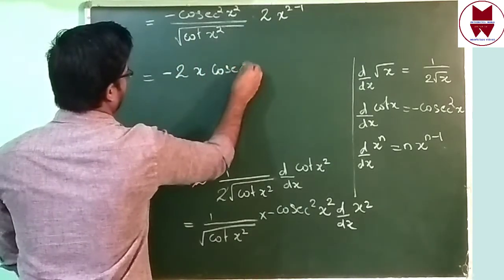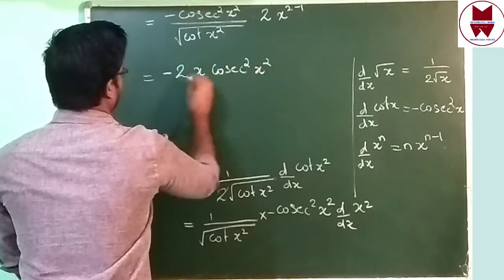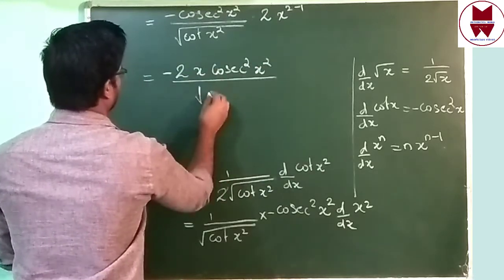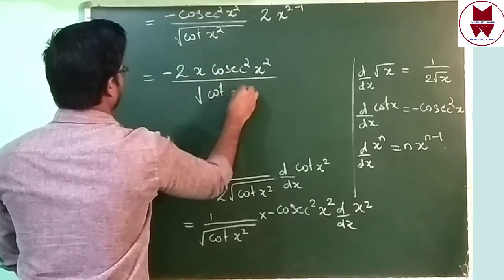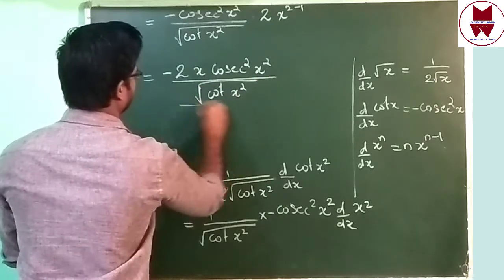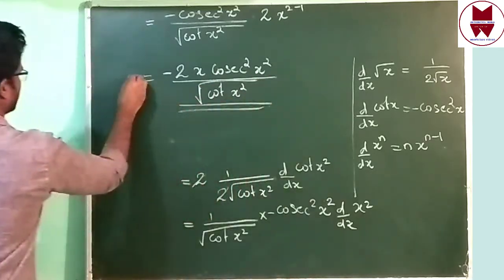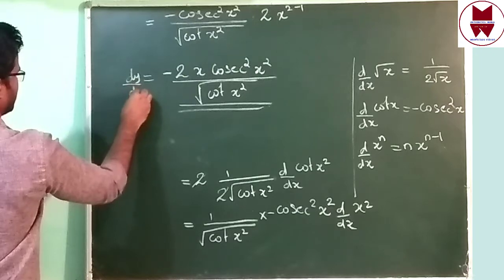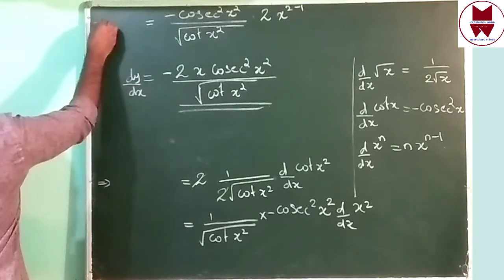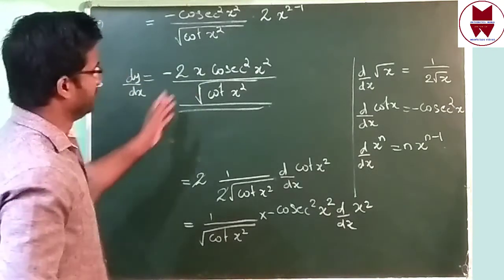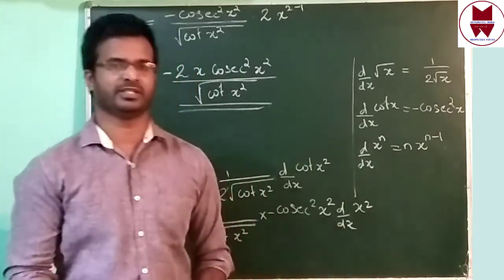Minus 2x cosec square x square divided by square root of cot x square. This is dy by dx, our answer for question number 7.